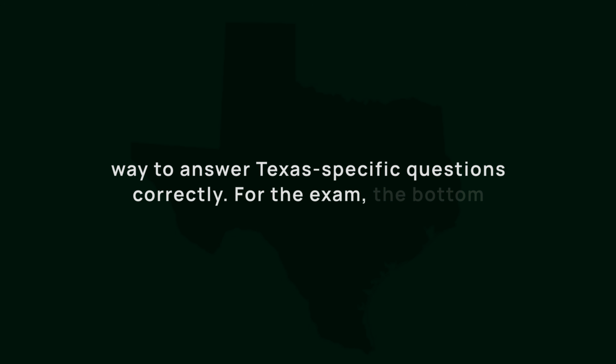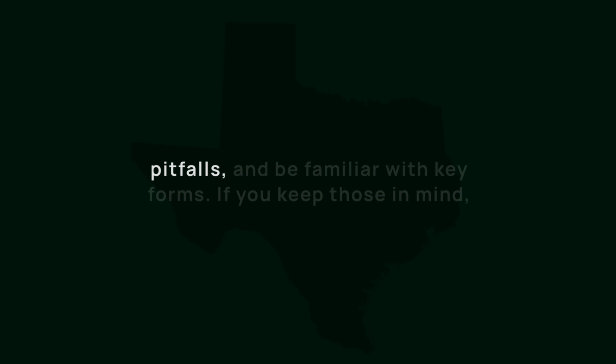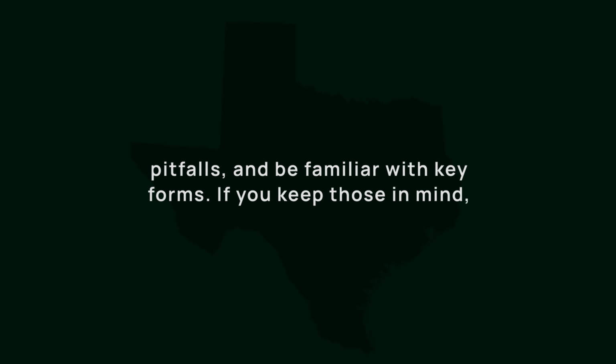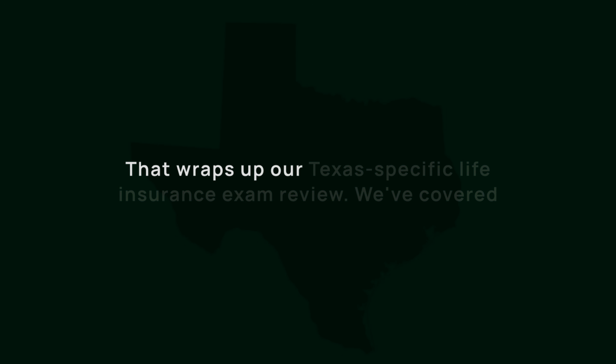For the exam, the bottom line is focus on the numbers, know the unique Texas rules, understand common pitfalls, and be familiar with key forms. If you keep those in mind, you'll have a strong advantage on the state portion of the life insurance exam. That wraps up our Texas-specific life insurance exam review.